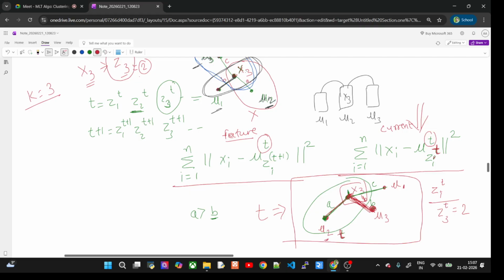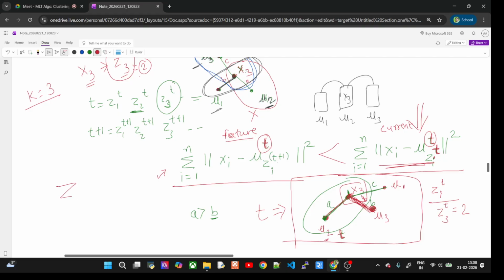So he is saying whatever distance I am now having, this distance is bigger than the distance which I will have in the future. See, he is in the t iteration only. Both are in the t iteration. The same guy, he is just thinking about the current situation, and thinking about when he will go to the next iteration.